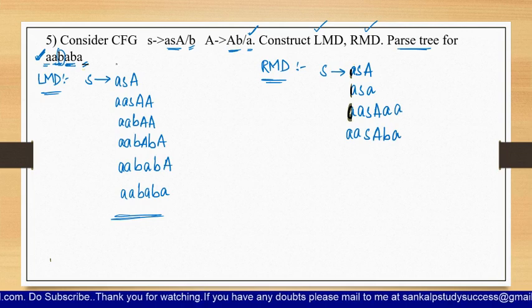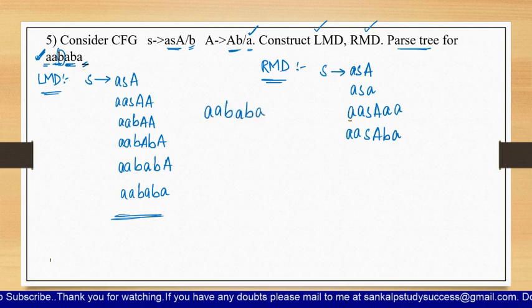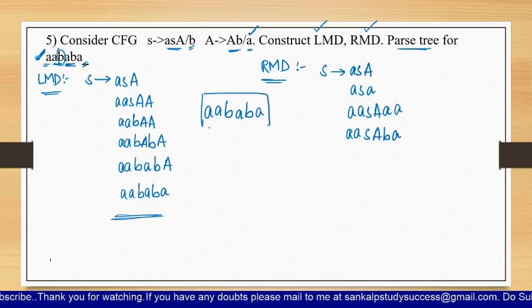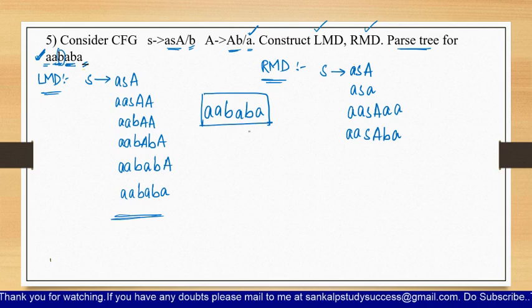So if you observe, our input string is AA, BA and BA. This is our input string, and from the starting we are done with two A's, and from the end we are done with B and A. Now in the place of A you have small a, right, from the rightmost term. So let us substitute small a over there and BA.